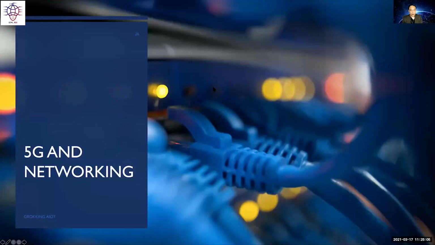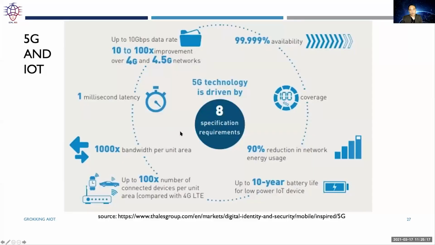Next we'll be looking at the impact of the different wireless technologies that we would want to use in the AIoT network. The first one is 5G. 5G is a new wide area cellular network that's being introduced around the world.